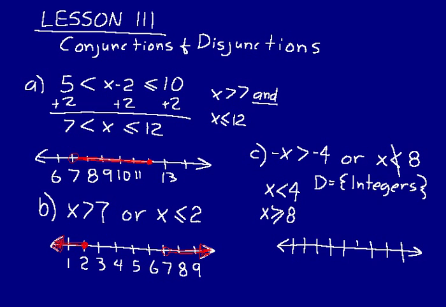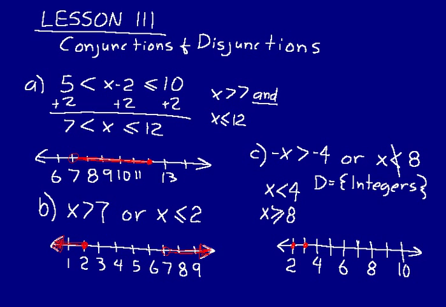And so I'll just start with a 2 here, 4, 6, 8, 10. Now we said our domain was integers. I wrote that up there. And so let's keep that in mind when we do our graph. x less than 4. So that means we would start at 3 because we're not including 4. It's less than that.